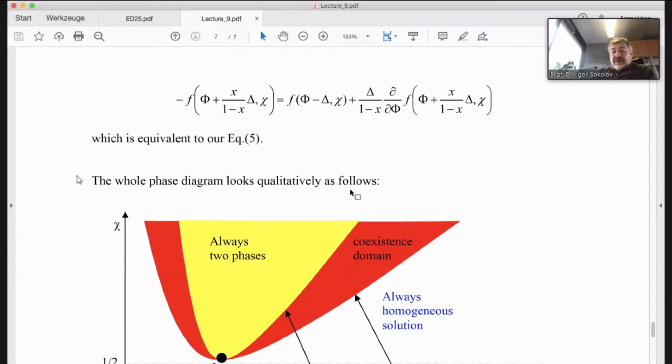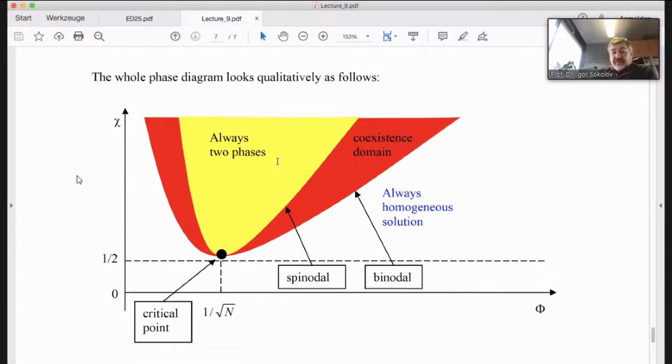So now I have two curves. I have the spinodal here, above which I have always two phases. I have the binodal or coexistence curve, below which I always have homogeneous solution.